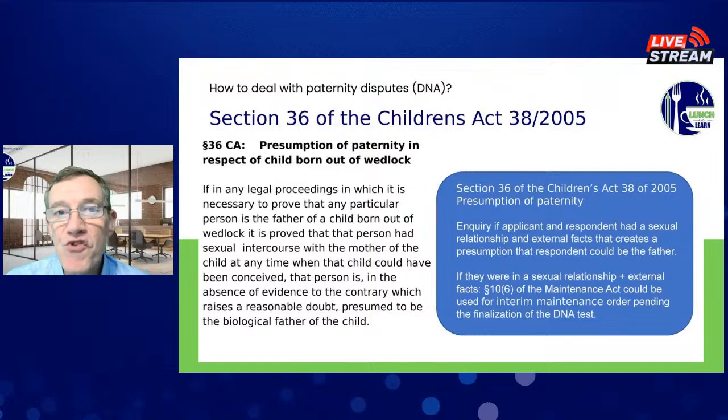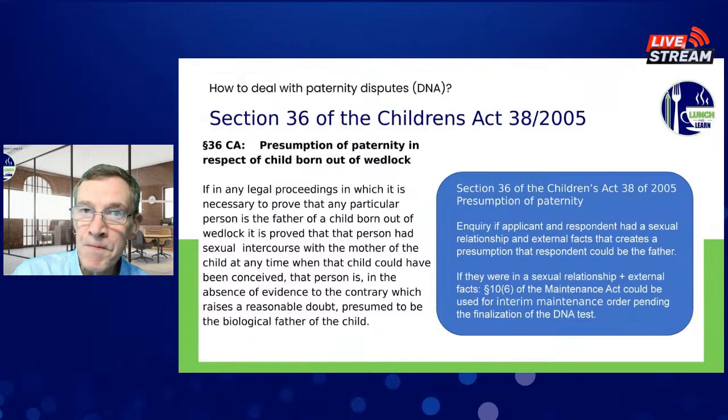So just to read the statutory requirements, Section 36 says that if in any legal proceedings in which it is necessary to prove that any particular person is the father of a child born out of wedlock, it is proved that the person had sexual intercourse with the mother of the child at the time when the child could have been conceived, that person is, in the absence of evidence to the contrary which raises a reasonable doubt, presumed to be the biological father of that child.